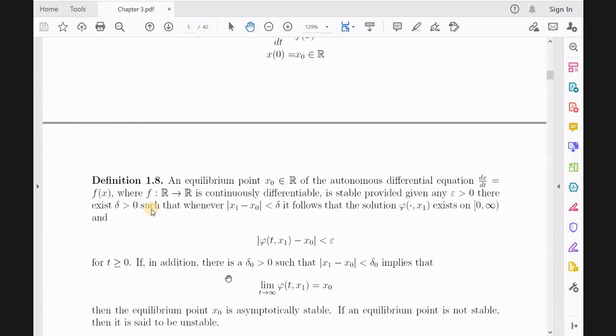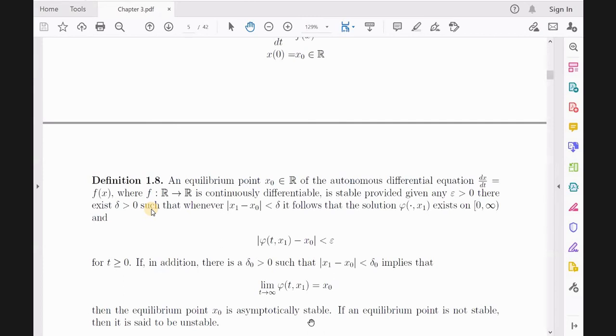And also, if there is some delta naught greater than 0 such that the absolute value of x1 minus x naught is less than delta naught, and also the limit as t approaches infinity of phi of t x1 is x naught, that is, as t approaches infinity the solution approaches x naught, then the equilibrium point x naught is asymptotically stable.